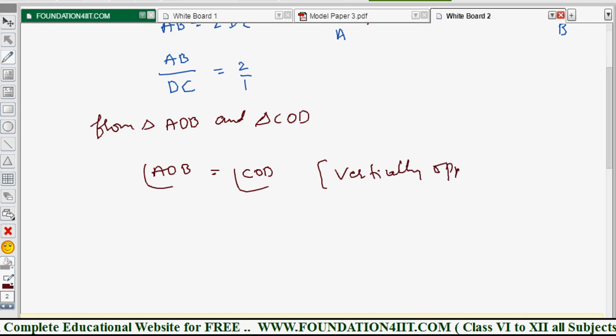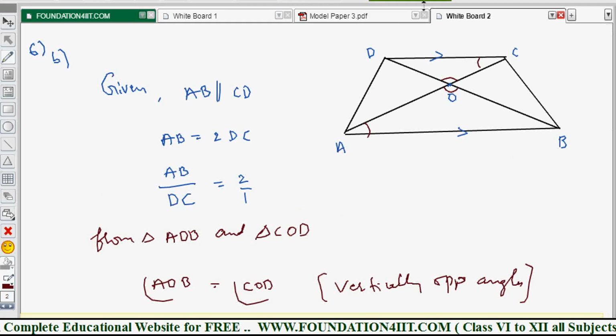Vertically opposite angles are equal. And next, angle OAB is equal to angle OCD. Okay. These 2 are equal, just to explain, alternate interior angles. And the other side also you can take, anything, you can take one set because the double A property is enough, double A axiom.